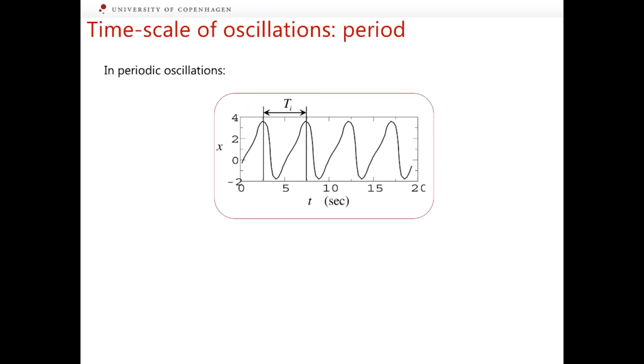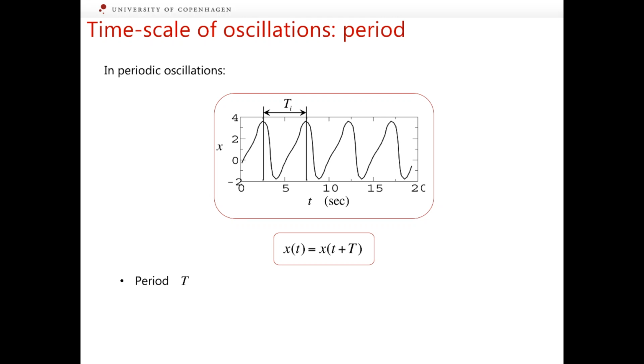The figure shows a recording of some quantity measured in an experiment as a function of time. A periodic function of time is defined by the equation in the box, which says that for any value of time t, the value of the function is equal to its value separated by time interval capital T. I emphasize that this condition must be satisfied not at some selected times, but for any time t.